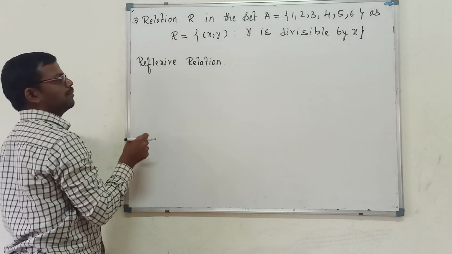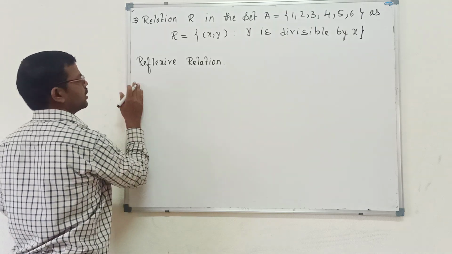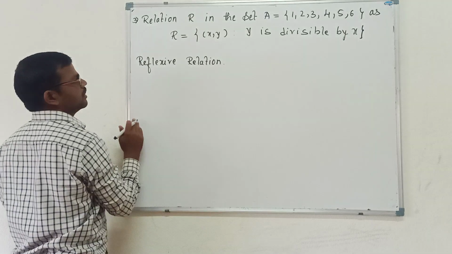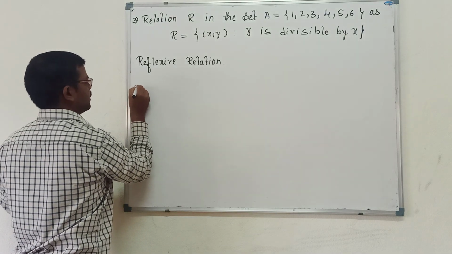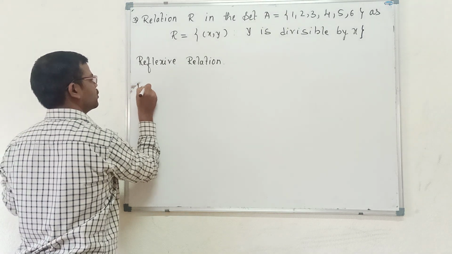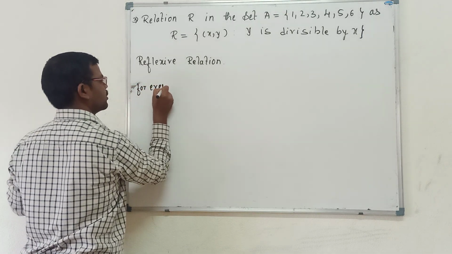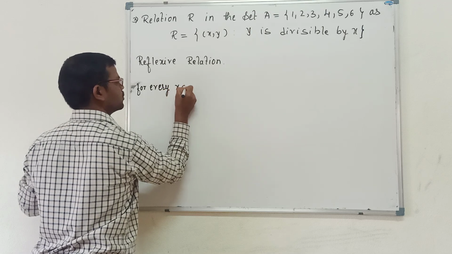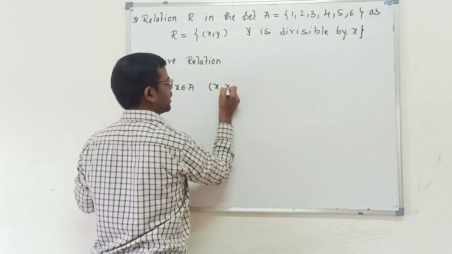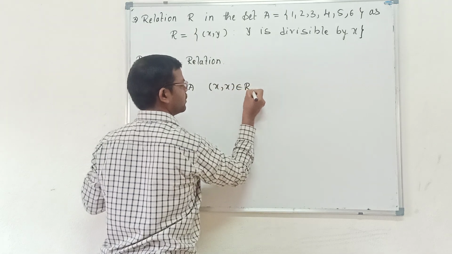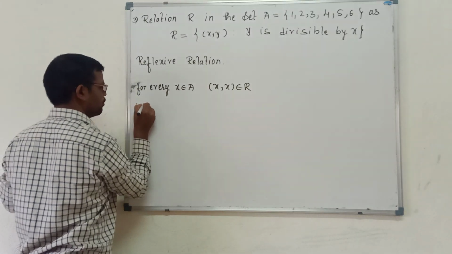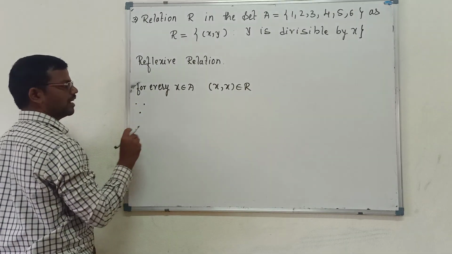Let me take an arbitrary element in A. For every x belongs to A, then (x, x) belongs to R. Why does it belong?